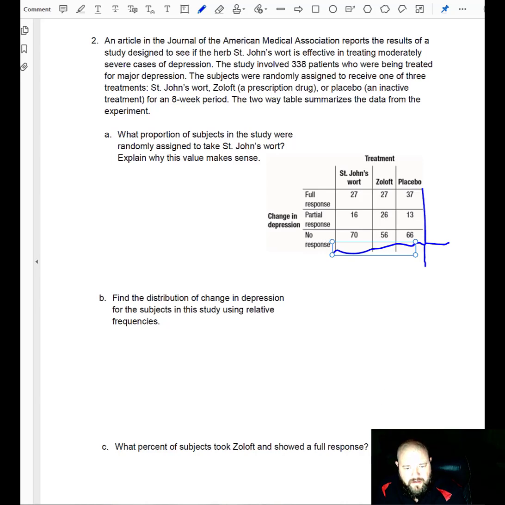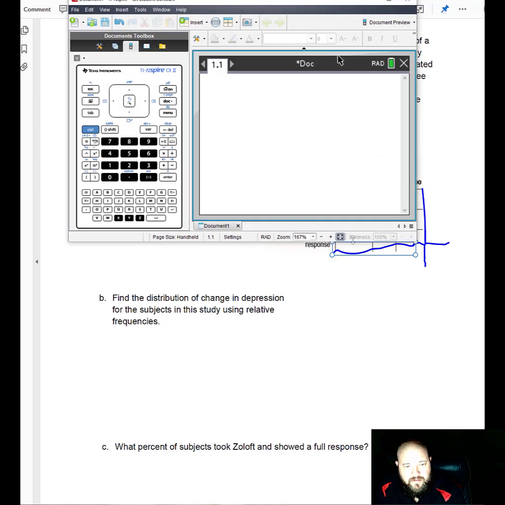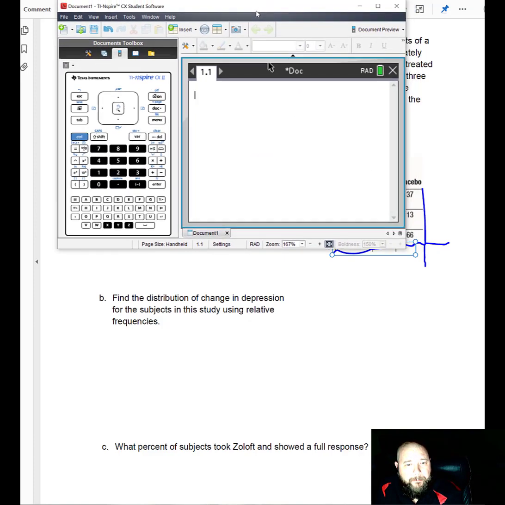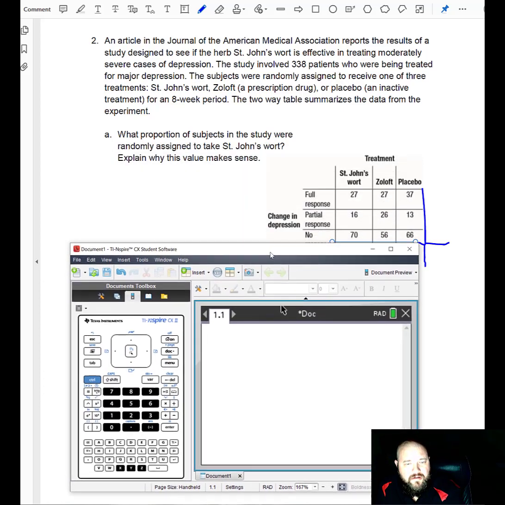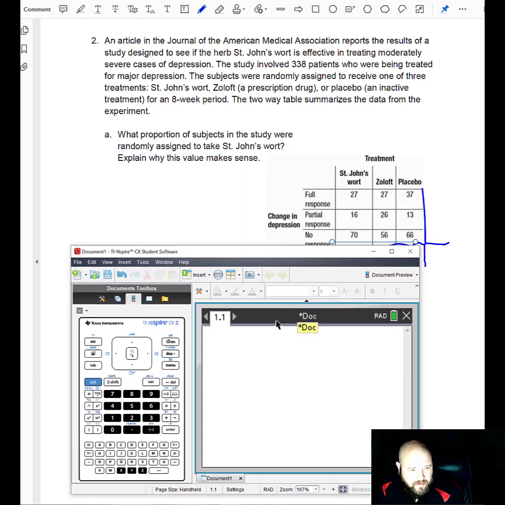Let me get the calculator here to help us out with this a little faster. Let's move this down to make it easier. I'm going to do the full response first, so I'm just going across this way.